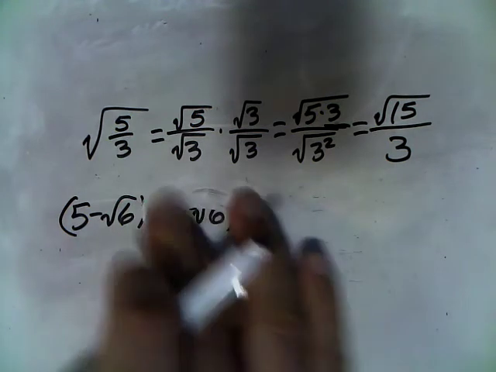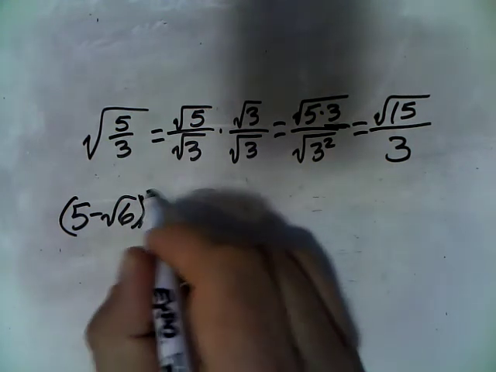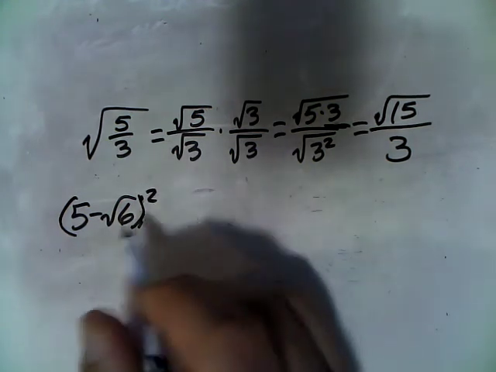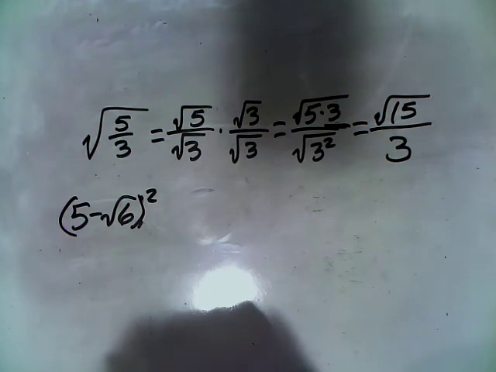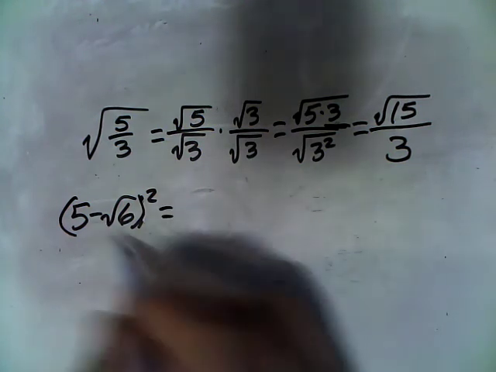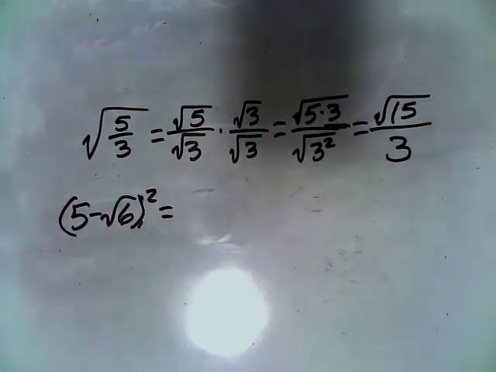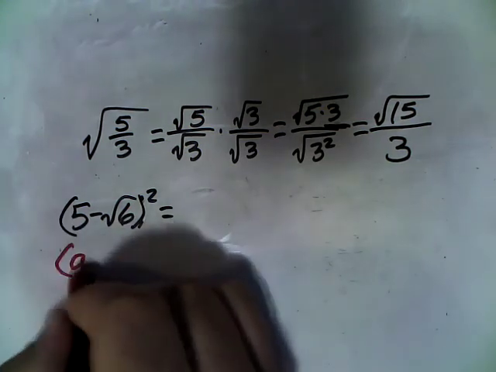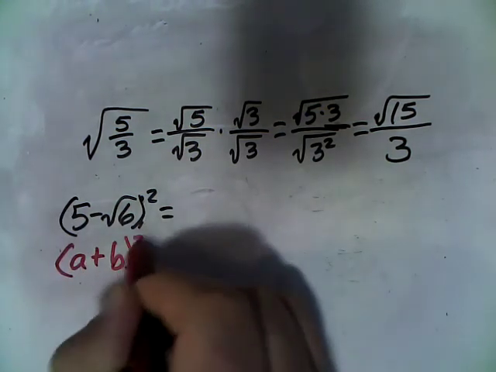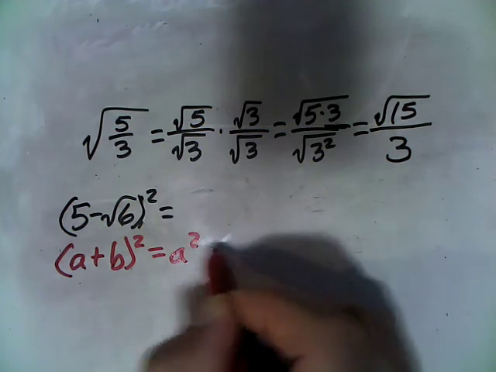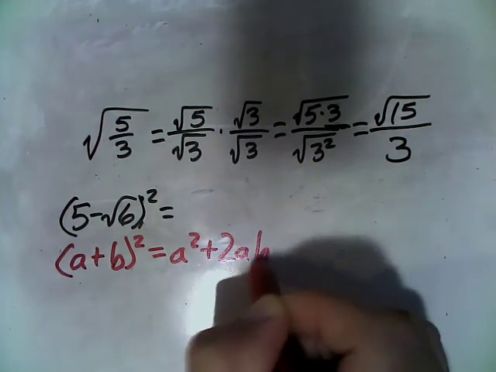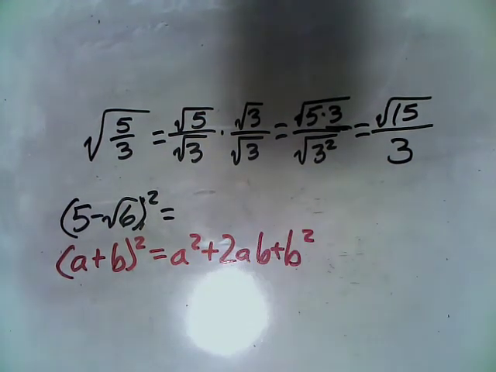So essentially what we're doing here is we're squaring it. Will that cancel out the square root? Well, remember that when you have a plus b squared, this gives us a squared plus 2ab plus b squared.